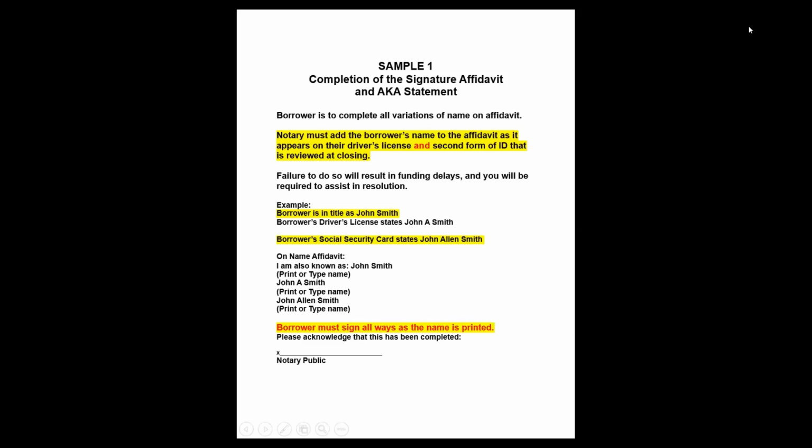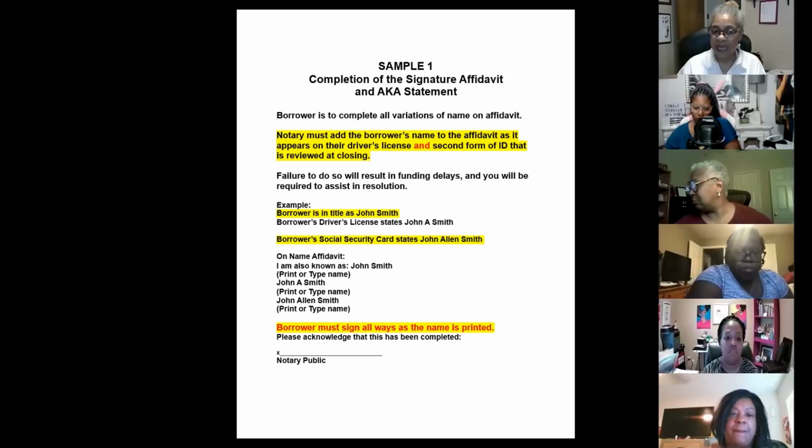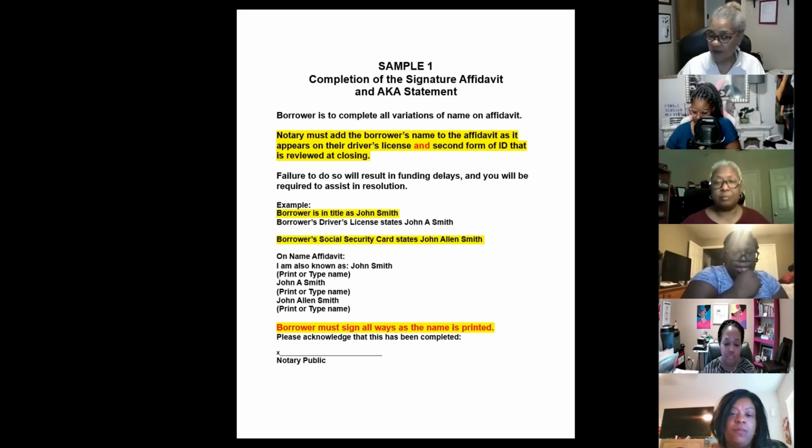So anyway, the first sample that we have gives you instructions on how to complete the signature affidavit, an AKA statement, AKA being also known as. These instructions tell us the borrower is to complete all variations of names on the affidavit.